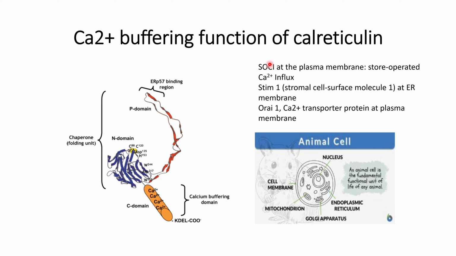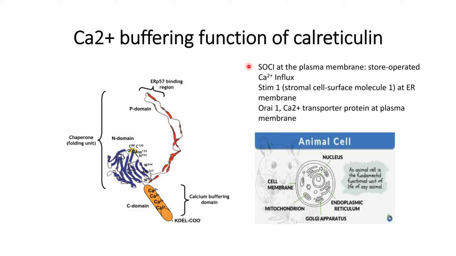It does not directly give the signal to the store operated protein. However, it gives the signal to ORAI, which is the Ca2+ transporter. It is also present at the plasma membrane, so it gives a signal to ORAI.